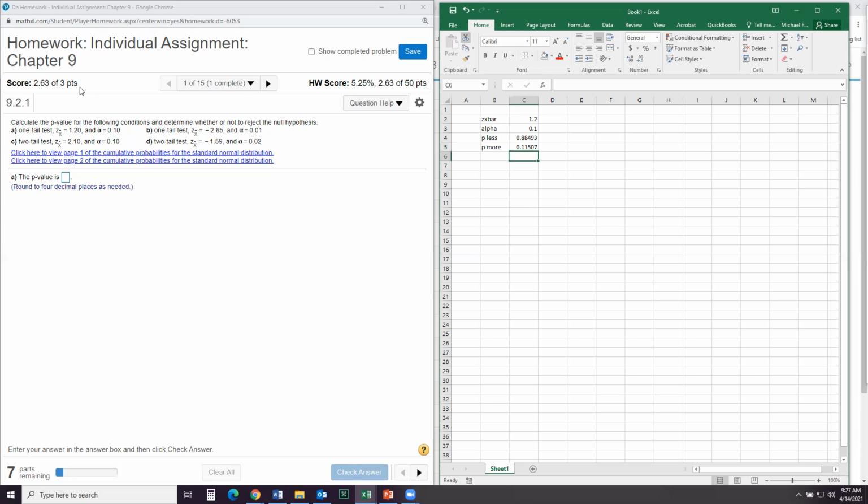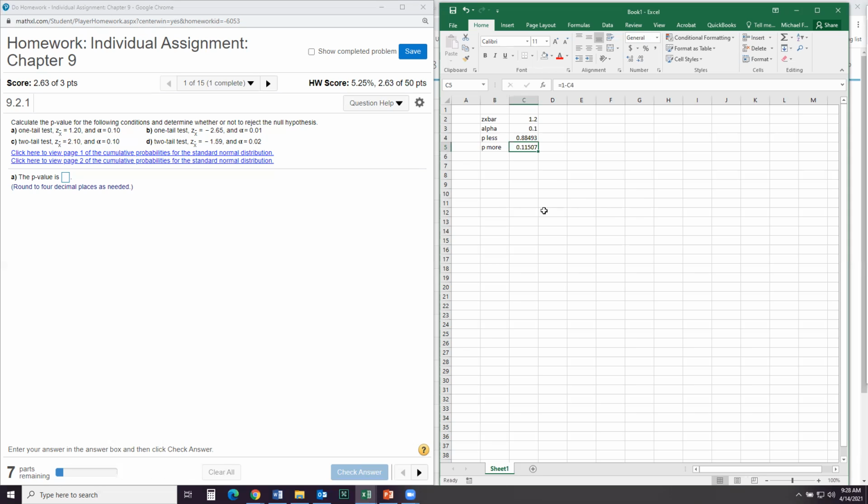In this case, because the z we're testing for is positive and it's a one-tailed test, the probability I'm looking for is the greater than probability. If we had a normal curve graphed here, this z comes out over here at 0.88493 on the right-hand side of the curve.